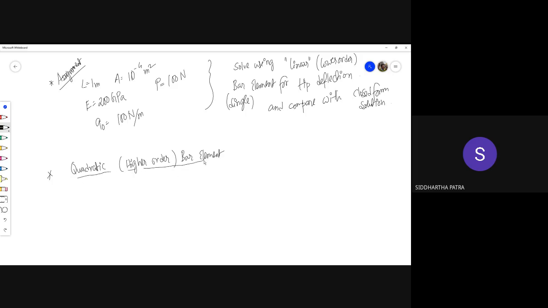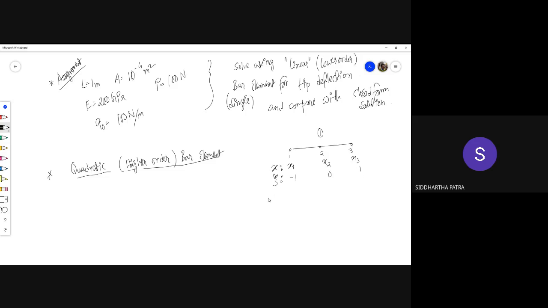So we know that for a bar element with linear shape functions, we need two nodes. So for quadratic shape functions, we would be requiring three nodes. So for a given bar element, let's say element number 1, you would have three nodes, and your x values are, let's say, x1, x2, x3. That is a physical coordinate, and the natural coordinate goes -1, 0, and 1.